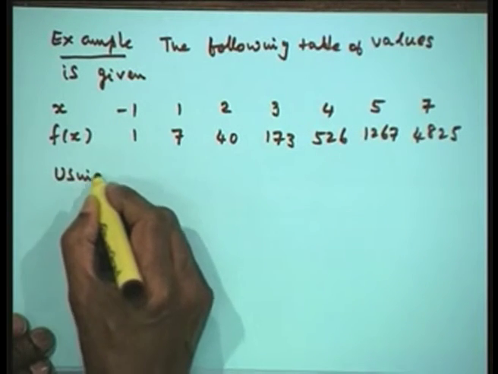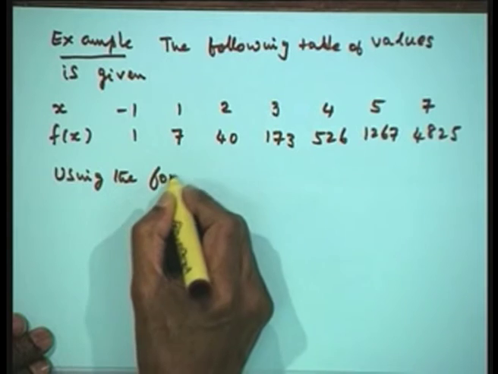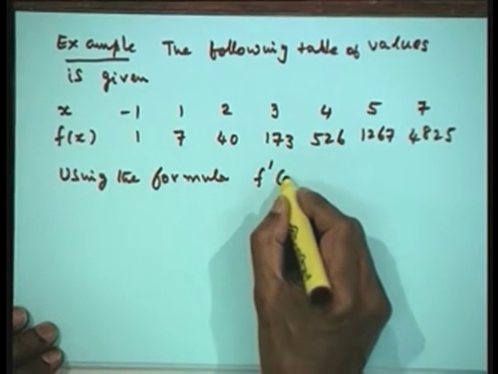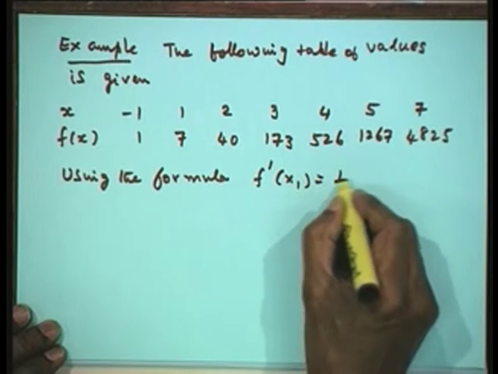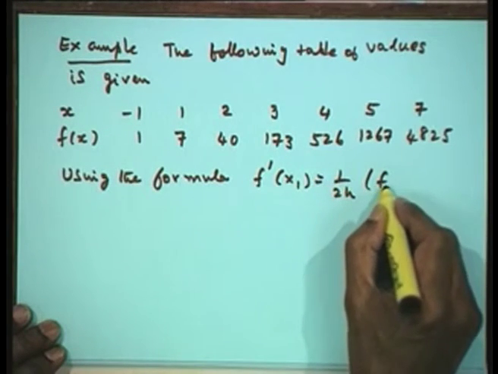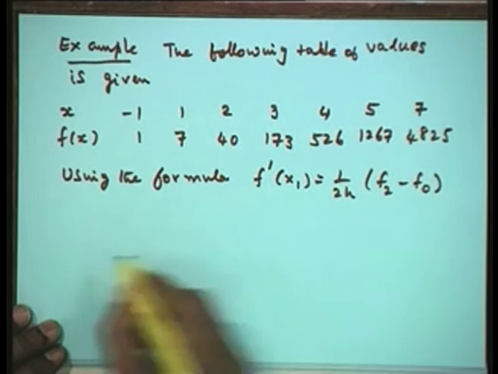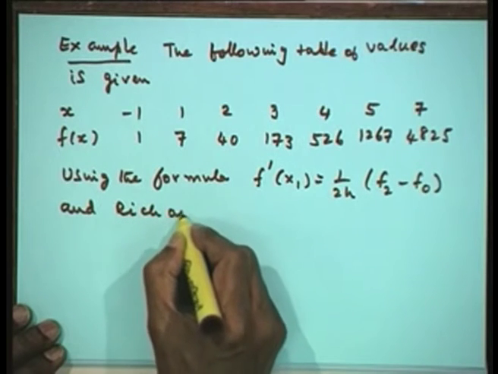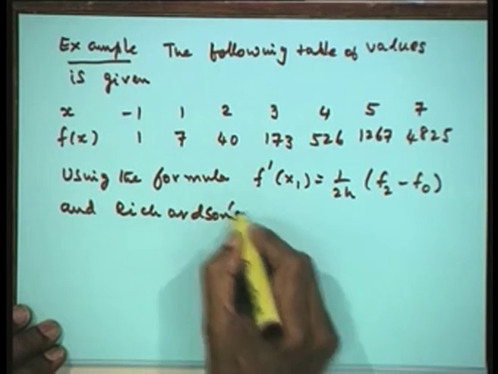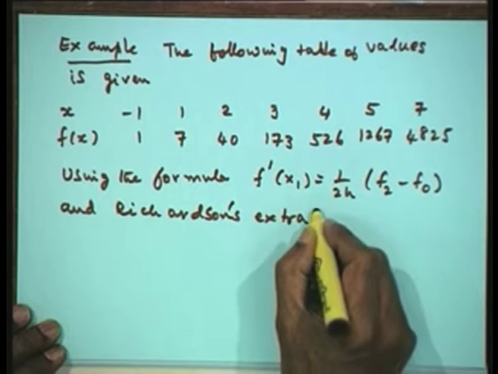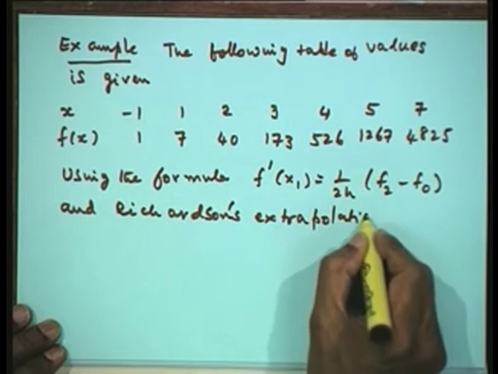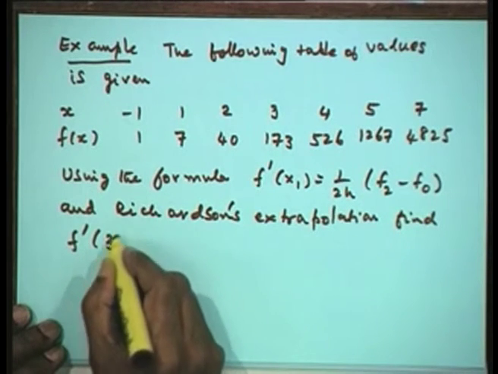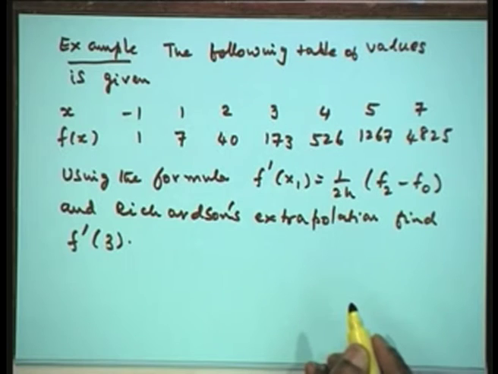Using the formula f dash of x 1 is 1 upon 2 h, f 2 minus f 0, and Richardson extrapolation, find f dash of 3.